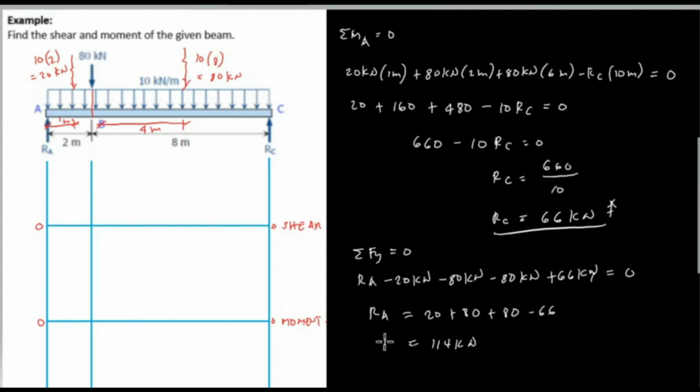So this is the value for RA, which is 114 kilonewtons and going upward. We put the value here. RA is equal to 114 kilonewtons, and RC is equivalent to 66 kilonewtons.